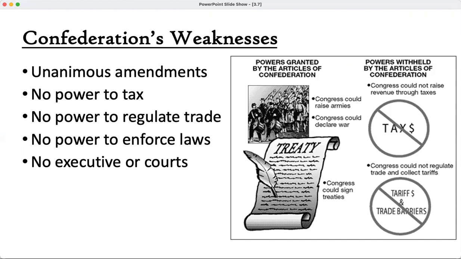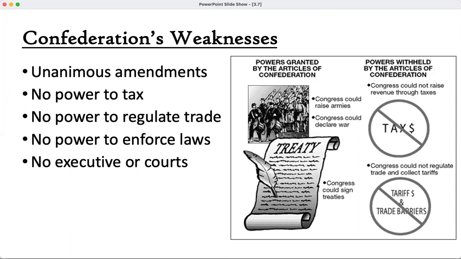Oh, well, we didn't anticipate this happening, so we'll just change our system to accommodate for this problem we didn't foresee. But the Articles of Confederation say that any amendments, so any changes, have to be unanimous, right? You have to have all 13 states on board to make a change to the system. And remember, they're all hyper individualistic right now, so they're not going to agree.